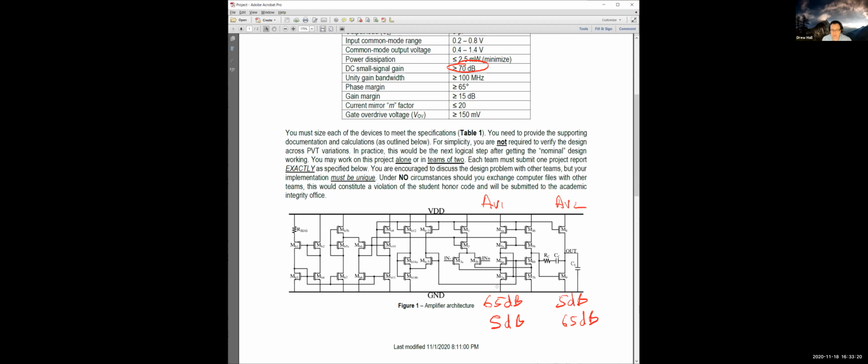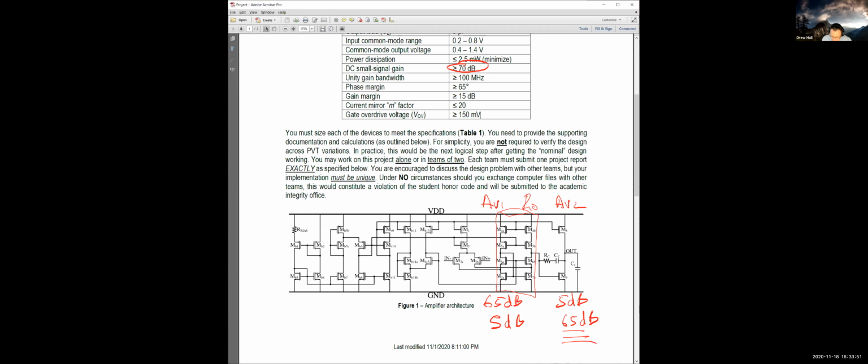I can tell you that one of these is definitely not possible. It would be really hard to get 65 dB from the second stage. The entire reason that we're using a folded cascode is that we build a very large Rout at this stage. So we should be trying to push a lot of the gain to this first stage.